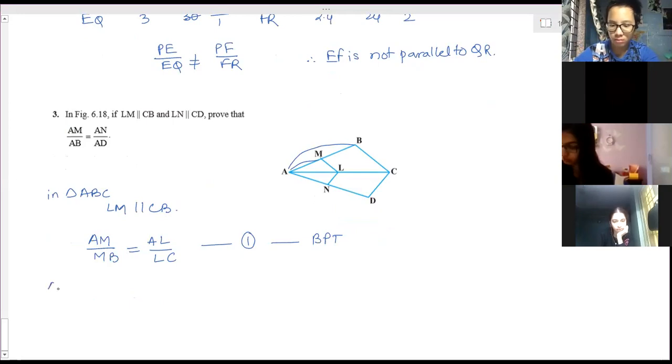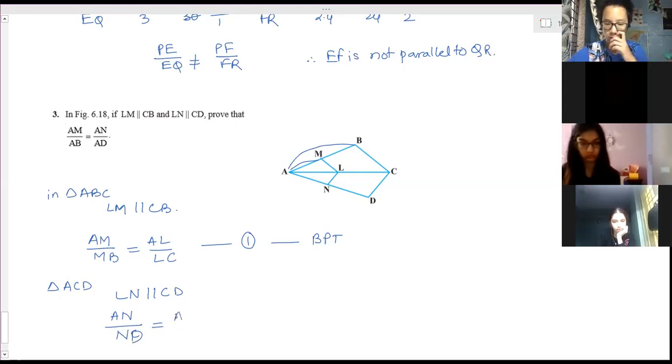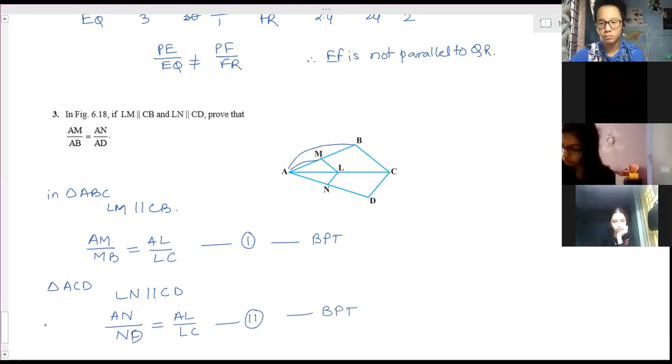Then triangle ACD. Use BPT again. LN is parallel to CD. So AN by ND is equal to AL by LC. This is the second, and the reason is BPT.